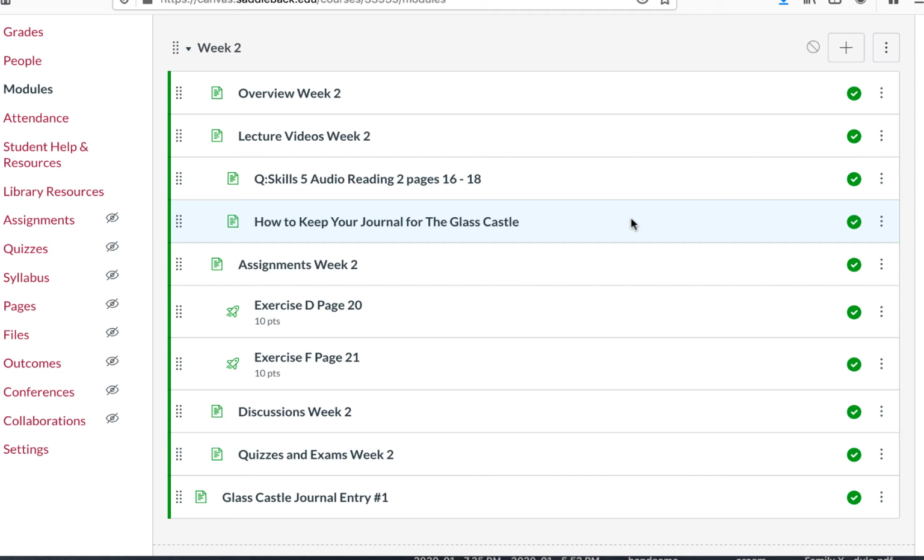Your journal is going to comprise 15% of your grade, so it's an important component of class, and it will help with your writing skills, it will help with your analysis skills, and it will help you think about the book and critically analyze what you feel about what's happening in the book.